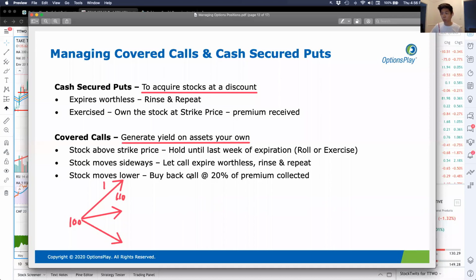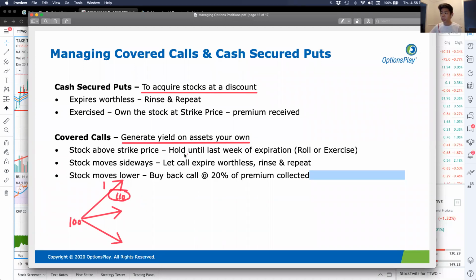Wait until the last week before expiration to decide whether you want to roll this call because you think the stock can continue to move higher, or have the call be exercised and basically sell your stock at the price that you were comfortable with when you sold the call option. You shouldn't sell a covered call if you're not comfortable letting go of that stock at that price.